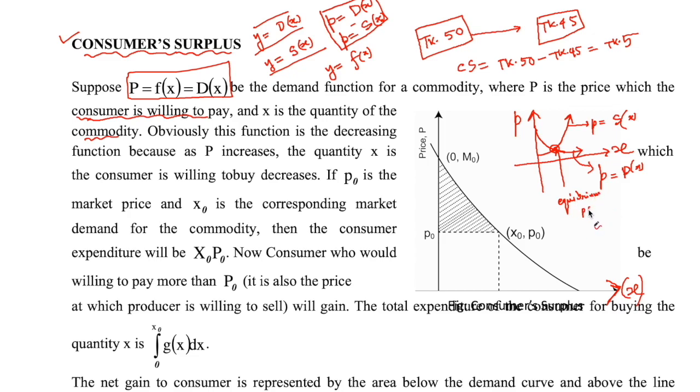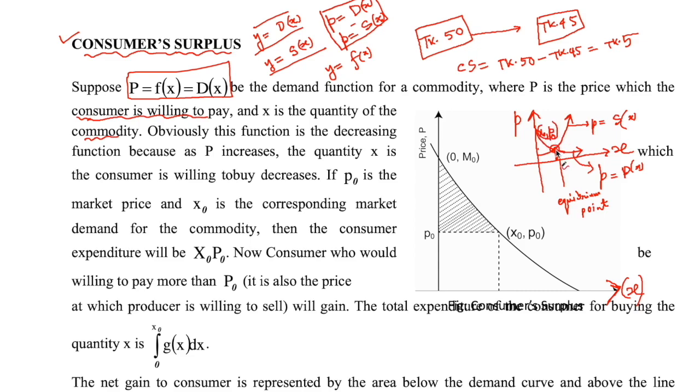Here demand and supply are equal, right? Yes. The demand price and supply price are equal at the equilibrium point, and this is called the market price. p0 is the market price and x0 is the market quantity.